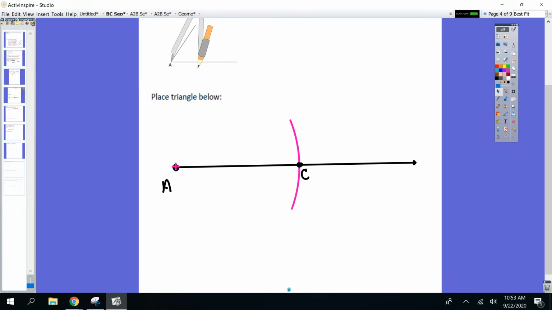Take your compass and make an arc through both rays of that angle. Leave my compass the same opening, and then come down to point A and make that same arc that intersects my ray. Boom.